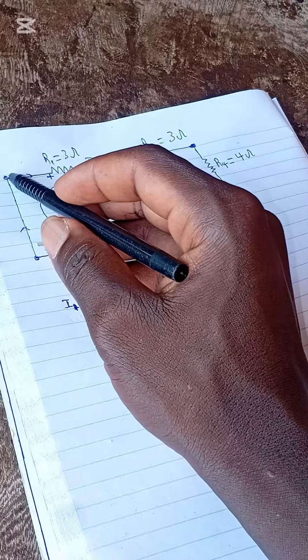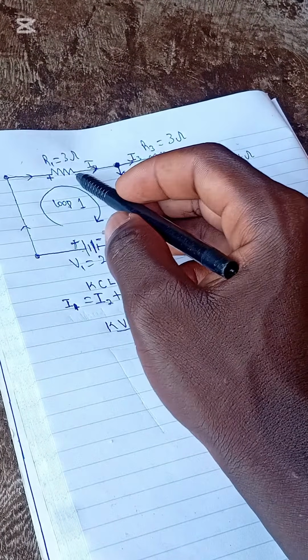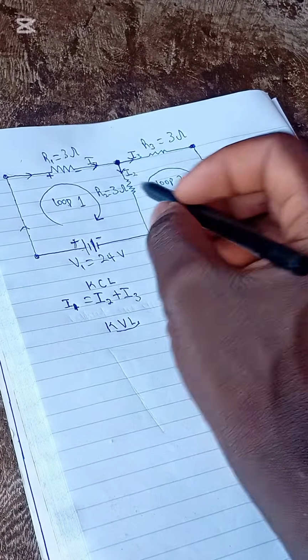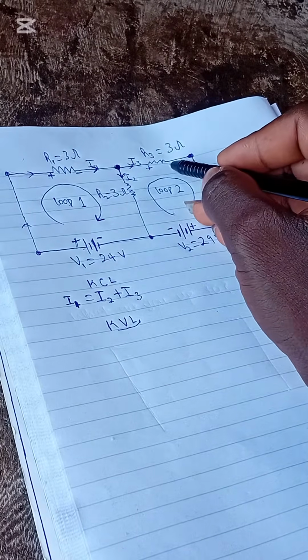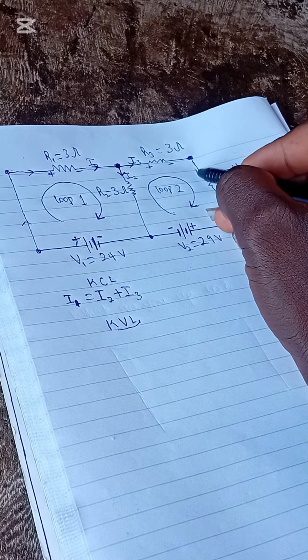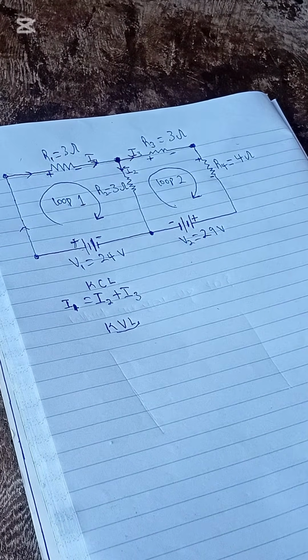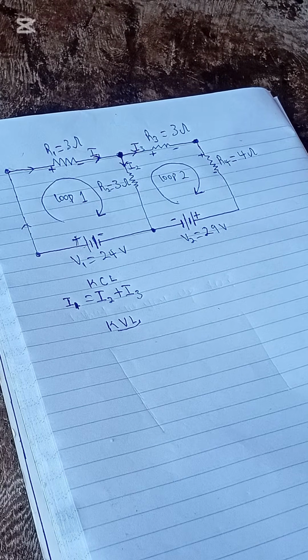Once you meet the resistor, the first point is your positive terminal, while the second end is your negative. As the current is coming, this is your positive terminal of the resistor, this is your negative terminal. Are we together? So that's that for that.